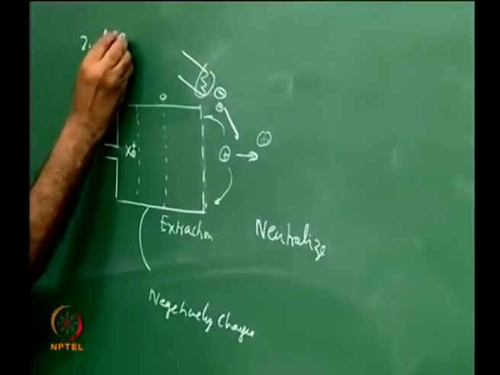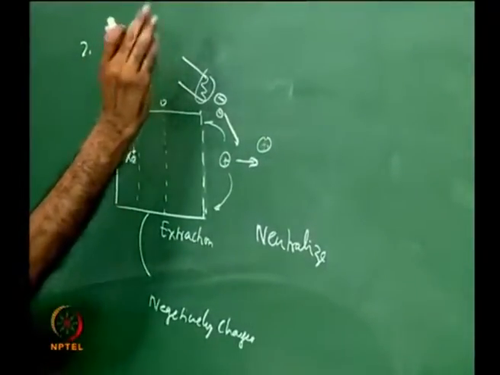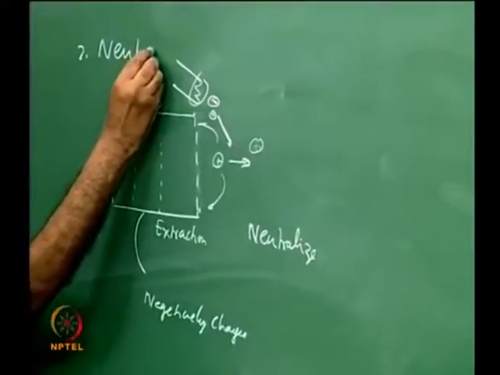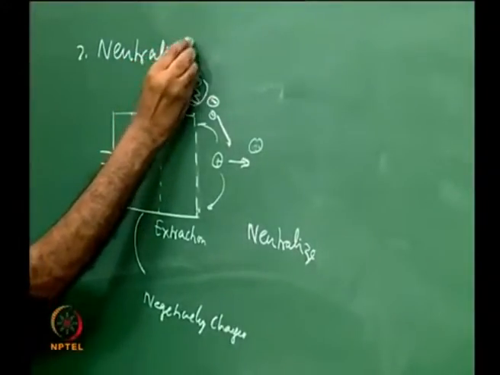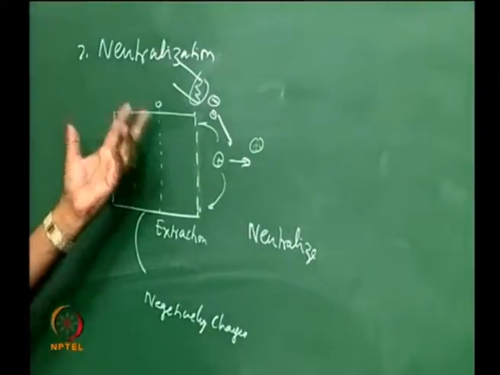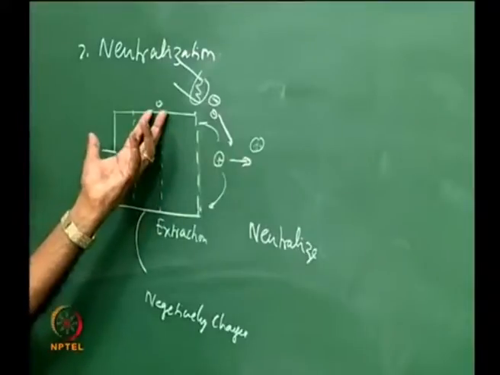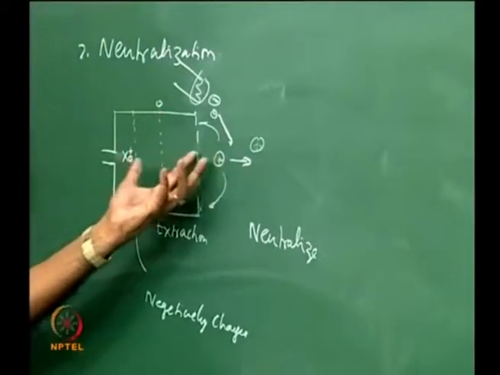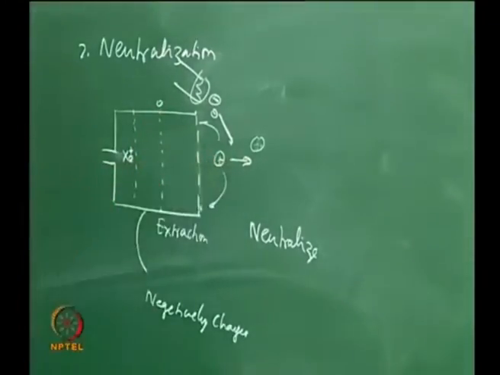Therefore the second problem, which is common not only for gridded thrusters but any thruster, is that neutralization must be done. An ion thruster should have neutralization of the charges, otherwise when negative charges build up, it will not be able to push this aside.